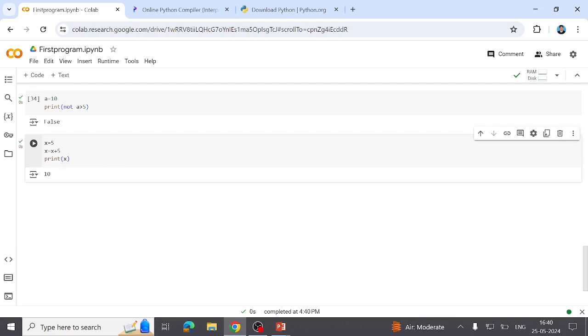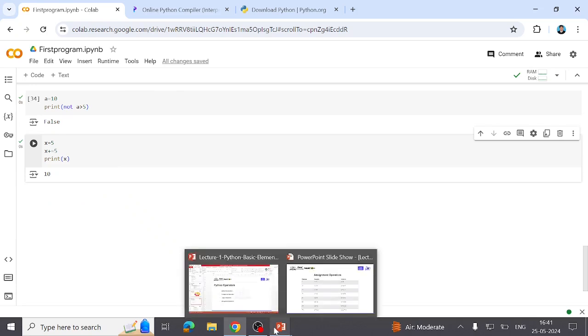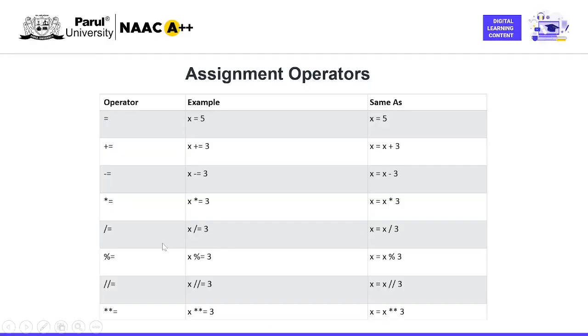But in place of this we can use x plus equal to 5, and the output remains the same. So this is known as composite assignment. You can use it with any arithmetic operator.